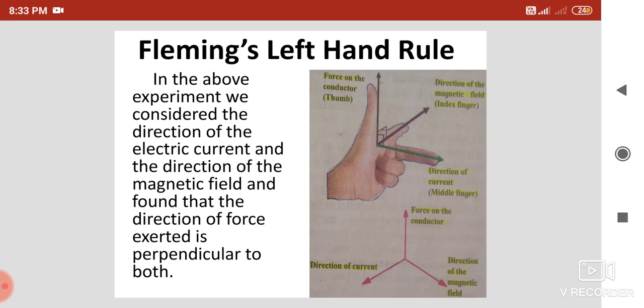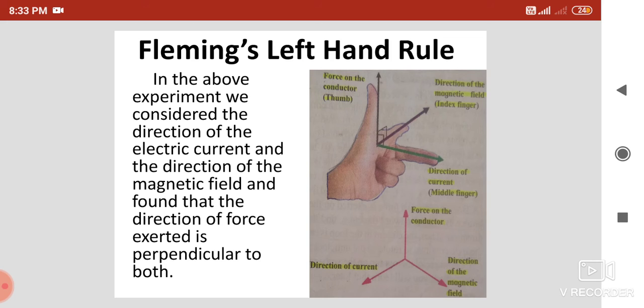So these three, direction of the current, direction of magnetic field and direction of force, are related to each other. Now observe the figure, you will find that the left hand thumb, index finger and middle finger are stretched in such a way that all three are perpendicular to each other. It is also called mutually perpendicular.